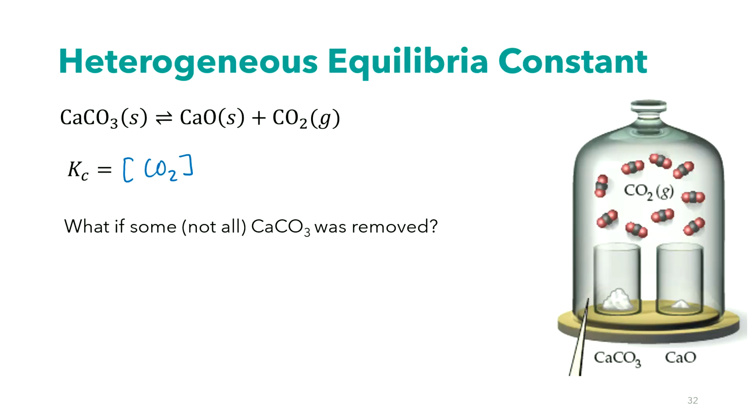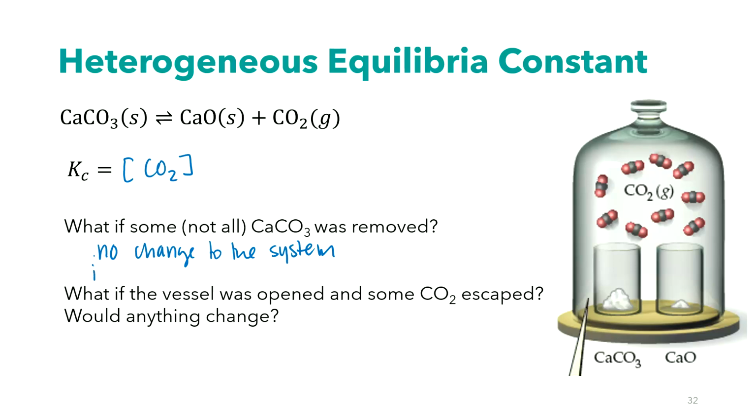As long as there is still some calcium carbonate in there, that is the important part, where I say that some but not all is removed, there will be no change to the system. The system stayed at equilibrium the whole time because my pressure of CO2 did not change.